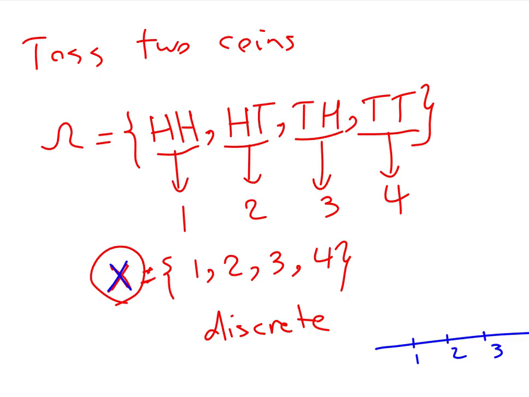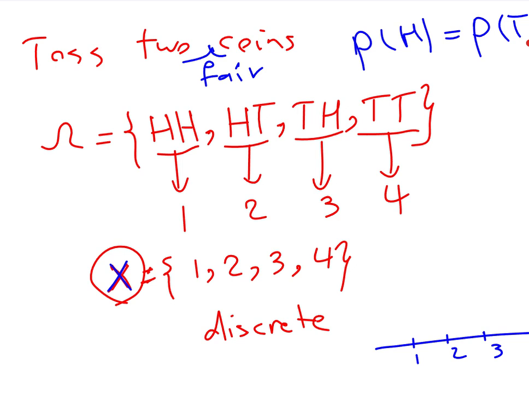Again, suppose that we have 2 fair coins. The probability of head and the probability of tails are equal to each other for both coins. Can you say what's the PMF at 1? 1 over 4. Yes, for all of them. Exactly. Thanks.